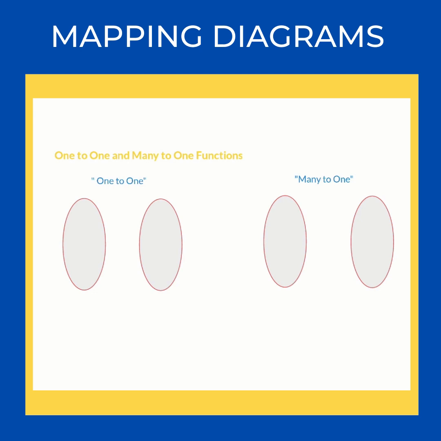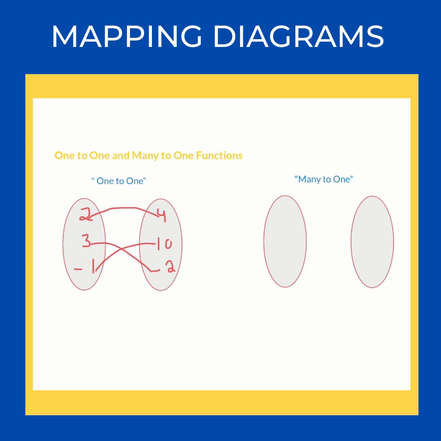One-to-one and many-to-one functions. Let's begin with one-to-one functions. If the first set is made up of 2, 3 and -1, while the second set has 4, 10 and -2, then 2 is mapped to 4, 3 is mapped to -2, and -1 is mapped to 10.